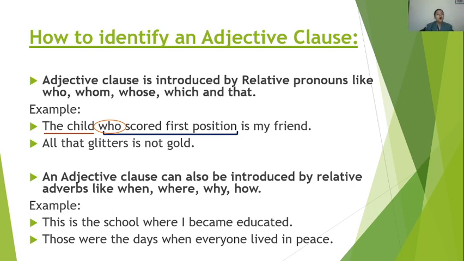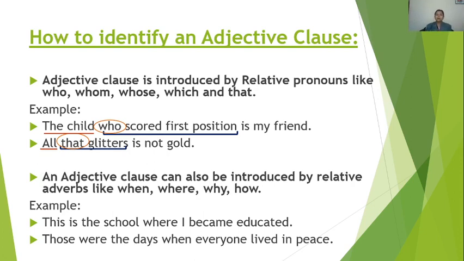Okay, now look at all that glitters is not gold. Now find out the adjective clause. What is the adjective clause in this? That glitters. Why? Because it is introduced by the relative pronoun that. That glitters. And to which word is this clause modifying? All. Okay, so that glitters is my adjective clause here.